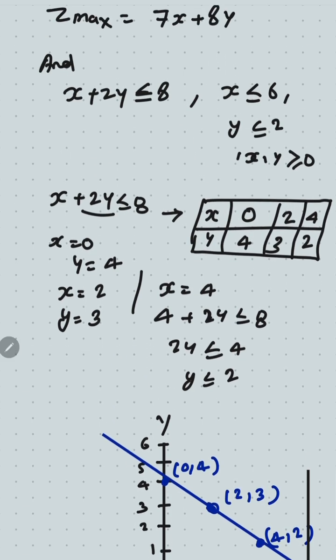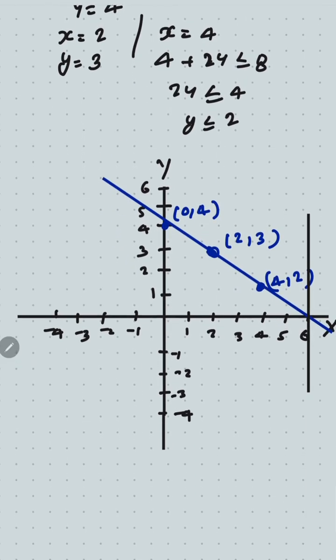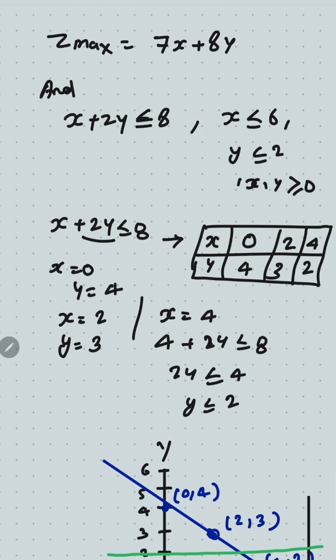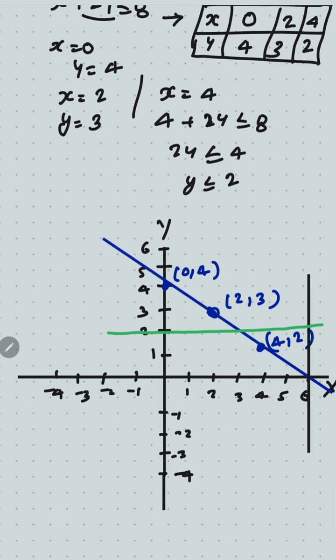Then x is equal to 6 and y is 2. Where is y equal to 2? Y equal to 2 means this line. Now put here 0 and 0, this will satisfy the equation. It means the region is this.